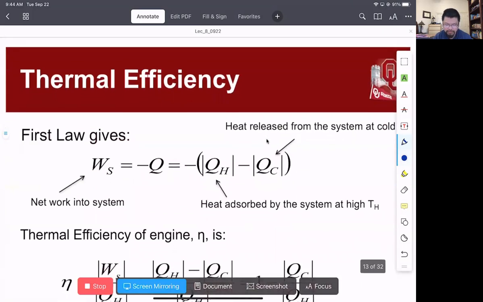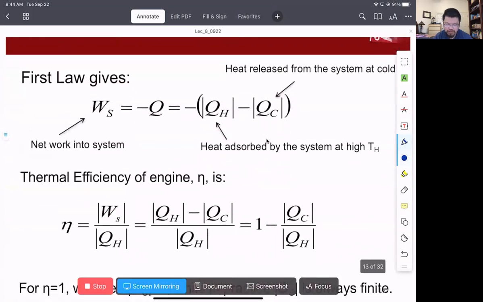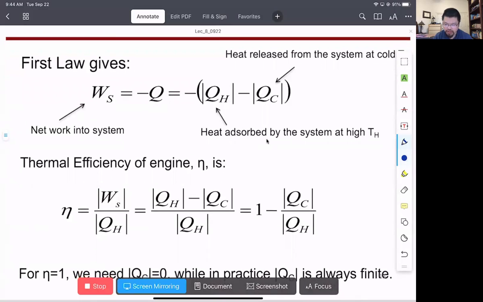But the thermal efficiency was really determined. If you think about this is the work input, right? This is the work output. This is the QH. This is the QC.